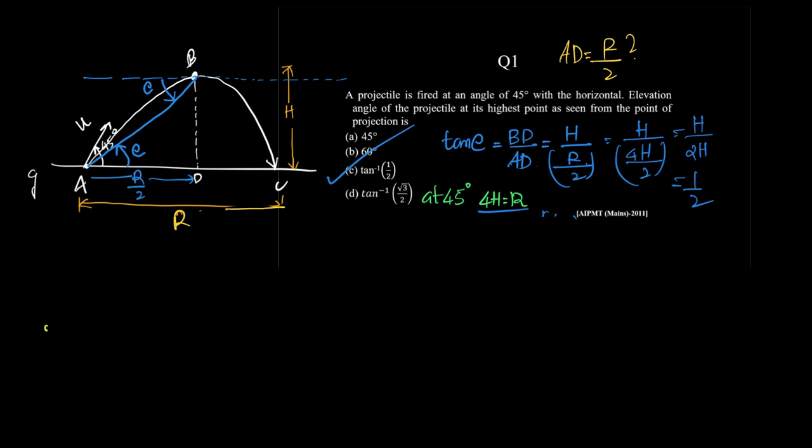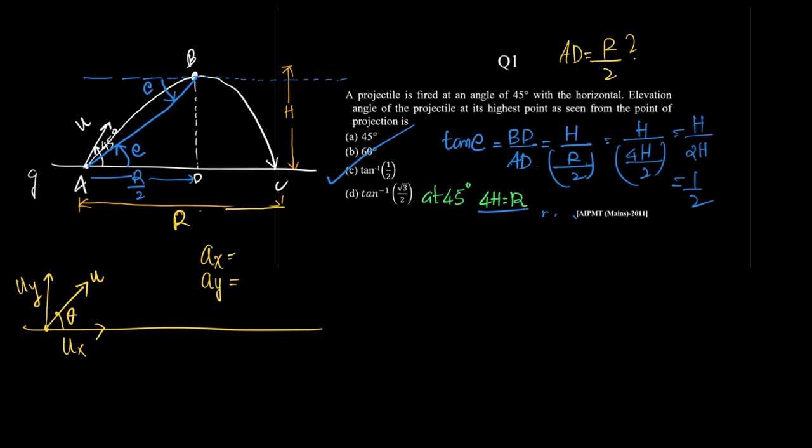Let us see. When you project a body at an angle theta with velocity u, it can be resolved into two different components. One is the x component ux and the other is the y component uy, right? So throughout the motion, there will be horizontal acceleration and vertical acceleration as well.